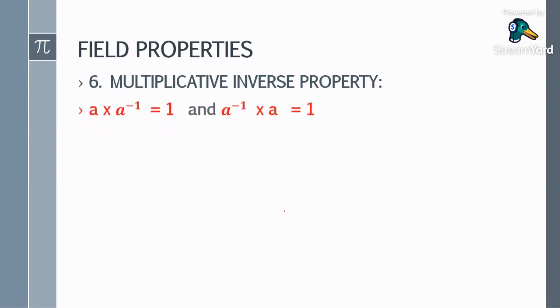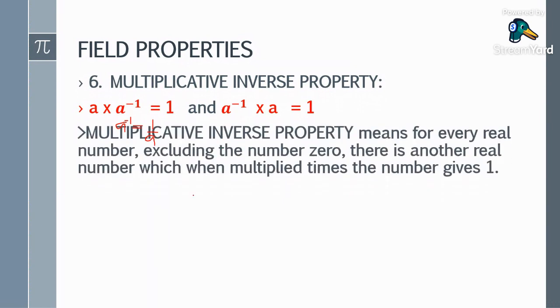For every non-zero real number A, there exists a real number denoted A raised to negative 1, or 1 over A. So the multiplicative inverse property means for every real number, excluding the number 0, there is another real number which when multiplied times the number gives 1.